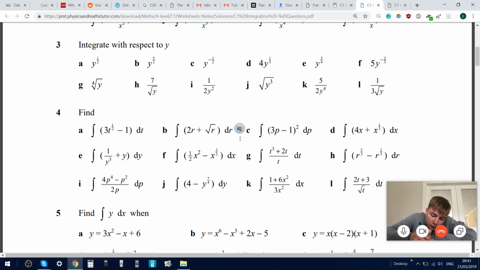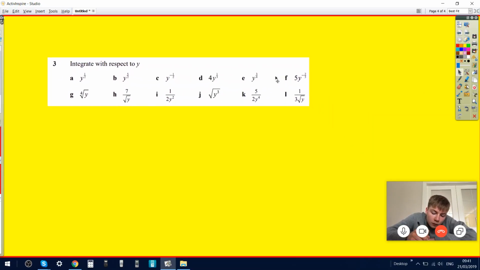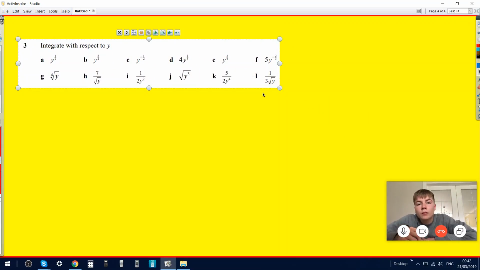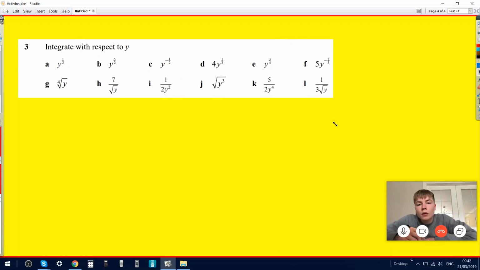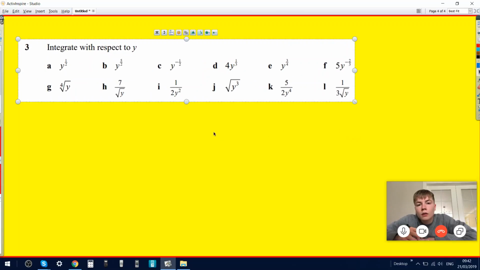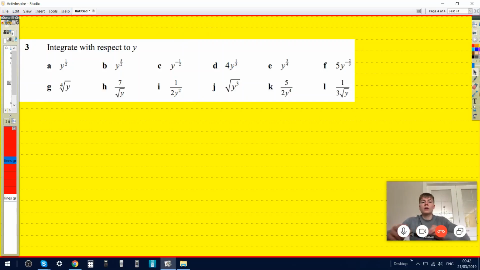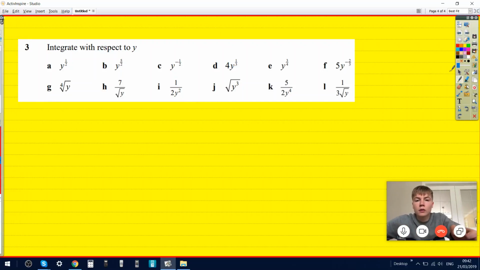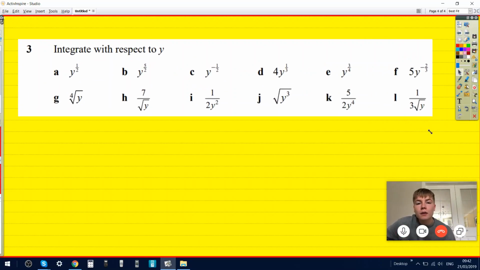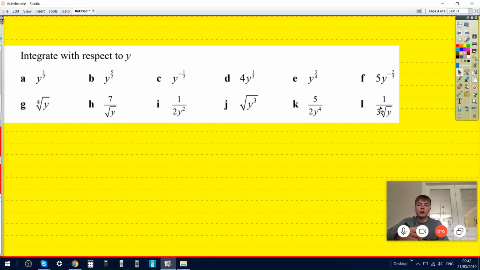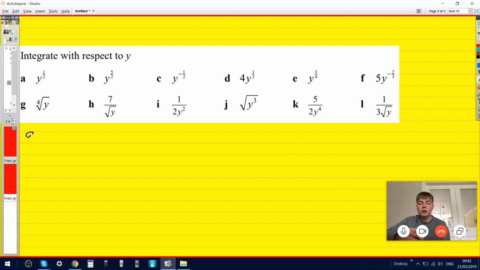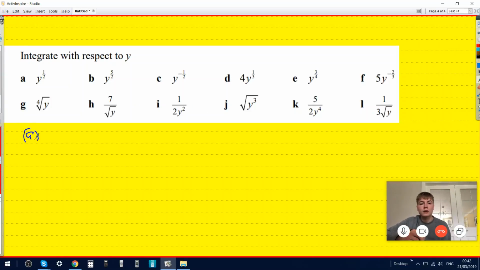How do we do 3a? What is it? Y1? I can't say. Y to the power of a half. Right. 1, 2, 3. 3/2. Is it 3/2y to the power 3/2?